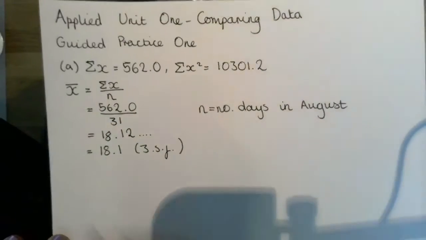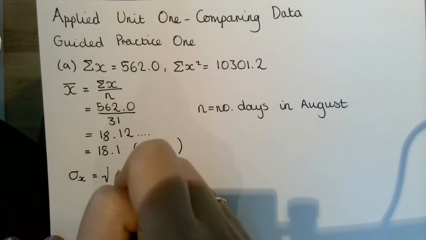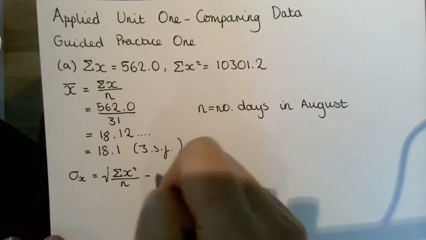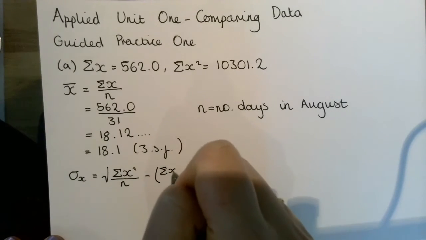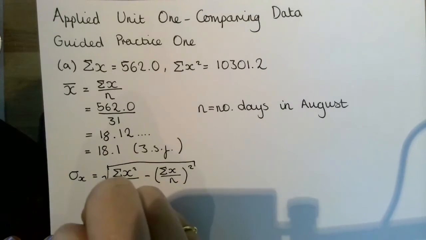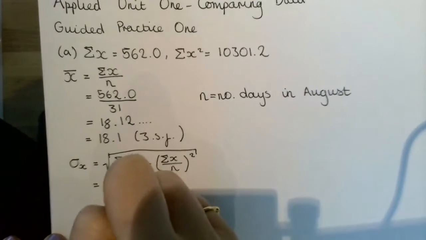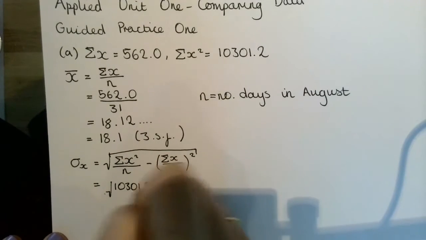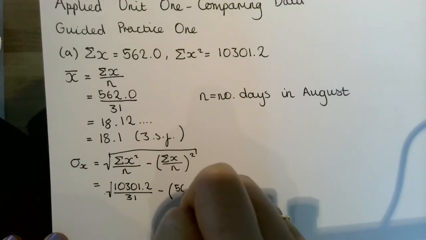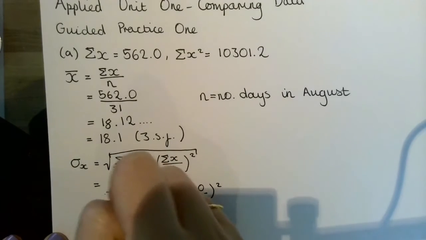Our standard deviation, we're doing the square root of the sum of x squareds over n, subtracting the sum of x over n, all squared. So that is going to be equal to the square root of 10301.2 over 31, subtract 562.0 over 31, all squared.